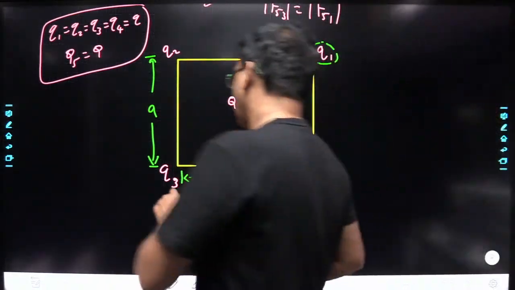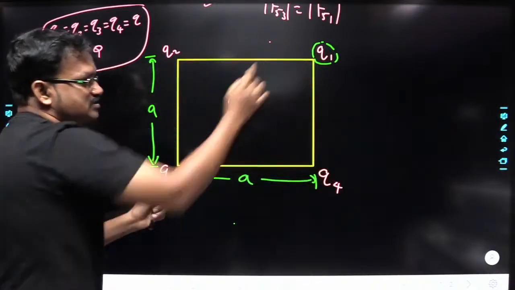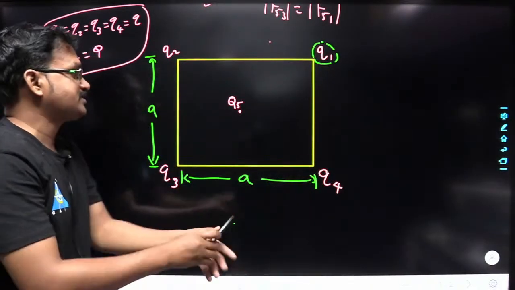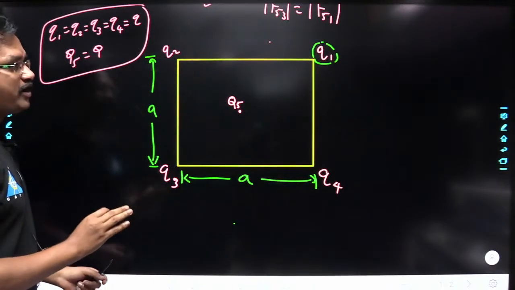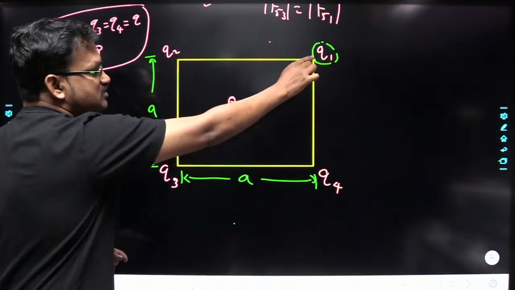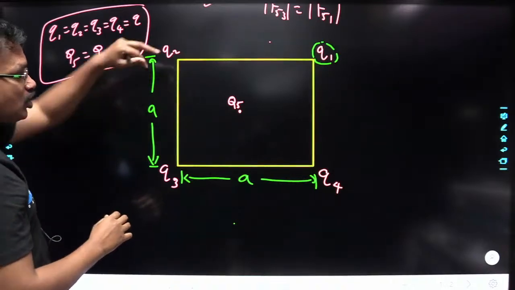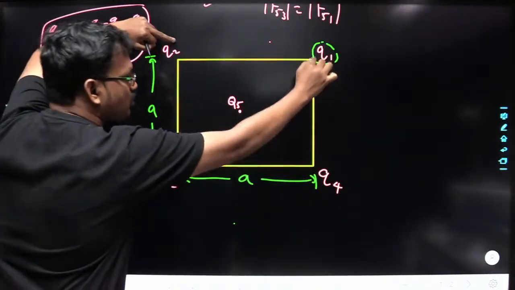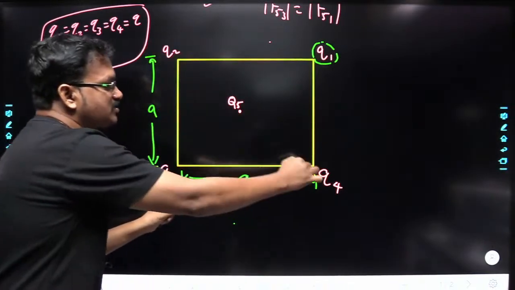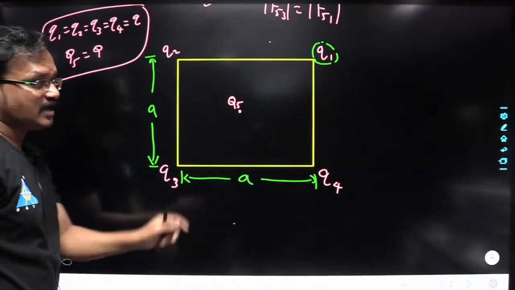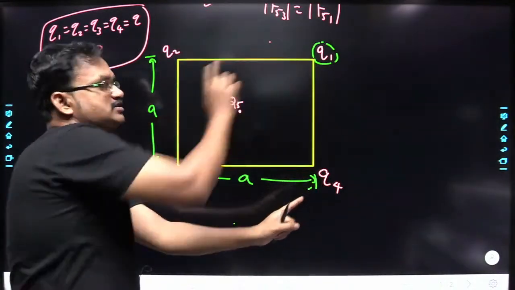In the same manner, Q3 is also placed with respect to the other 4 charges, and in the same manner, Q4 is also placed with respect to the other 4 charges. So understand this point here.